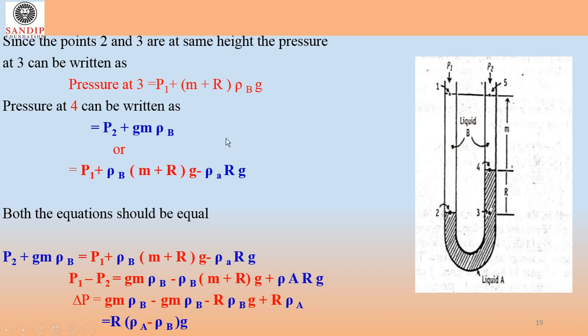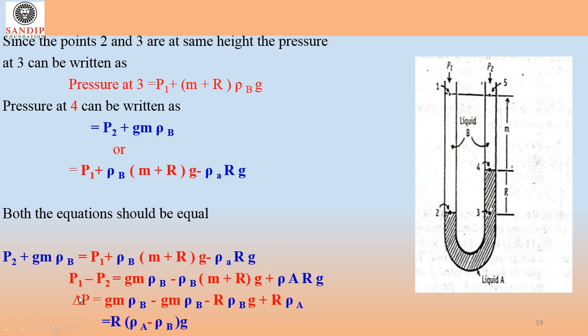Now both the equations should be equal, so P2 plus G M rho B is equal to P1 plus rho B M plus R G minus rho A R into G. Now solve this equation.